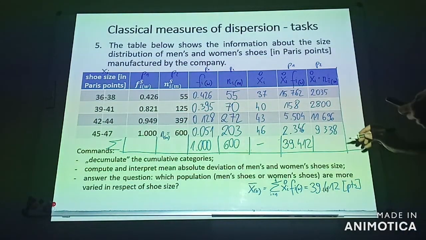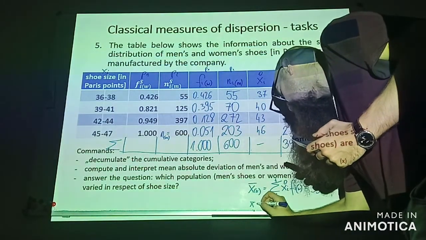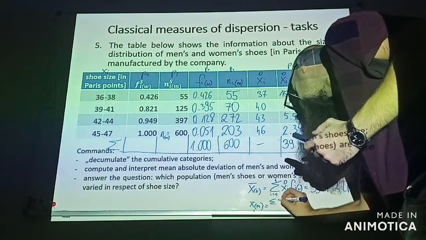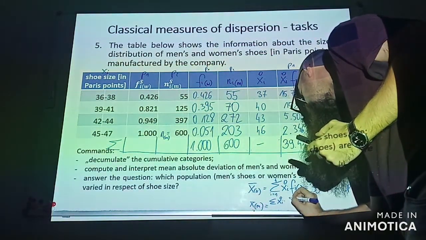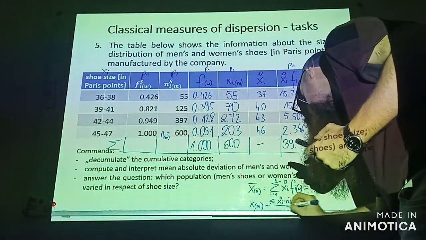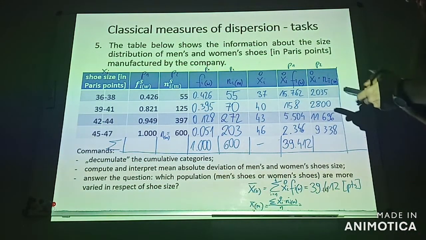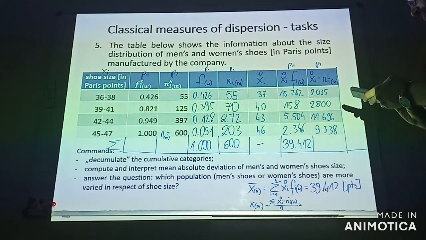Yeah, of course, similar to the previous case, I have to compute the sum of that column and divide the sum by the population size. Yeah? So now I'm adding the values in that column.